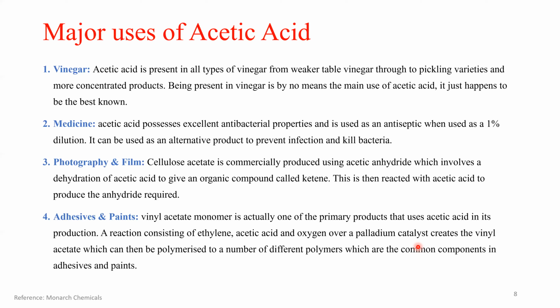The other one is adhesives and paints. Vinyl acetate, which is again prepared from acetic acid, is a monomer used in the primary product, for example, vinyl polymers, which we are using in our paints and adhesives. So these are some common and major industrial applications of acetic acid.